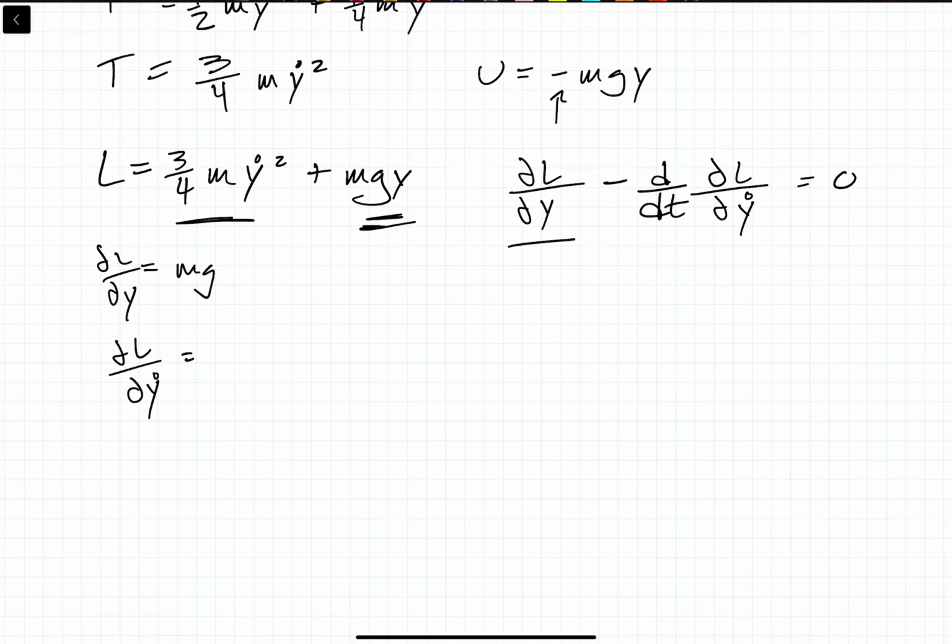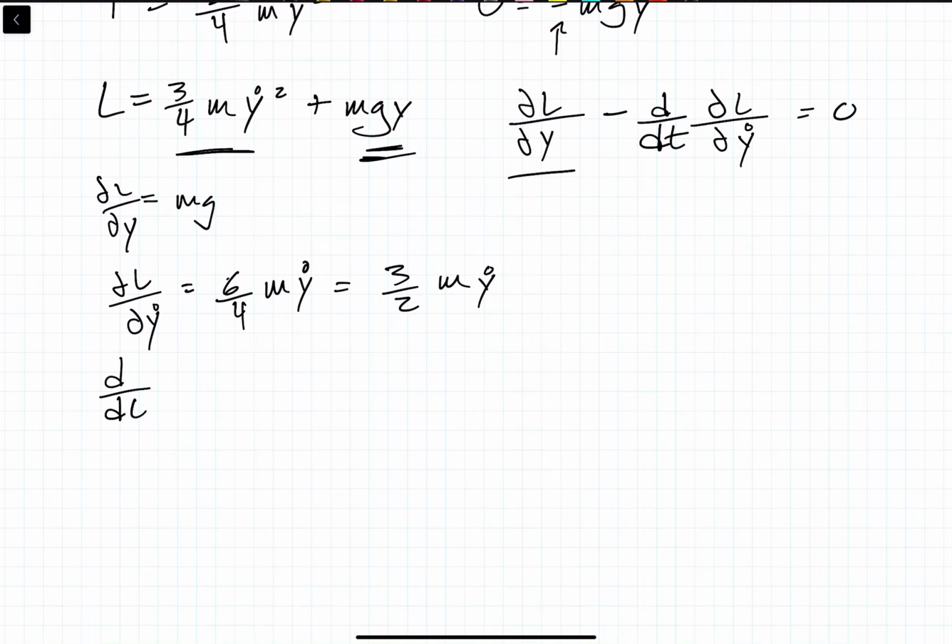So if I take the derivative of this with respect to y dot, that's 6/4 m y dot, which is equal to 3/2 m y dot. Now I need to take the derivative of this with respect to time.